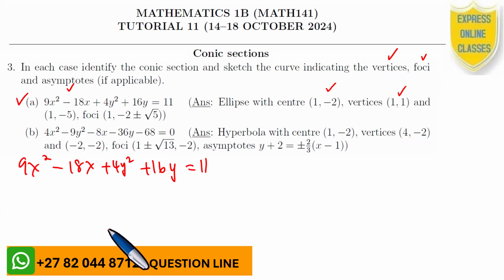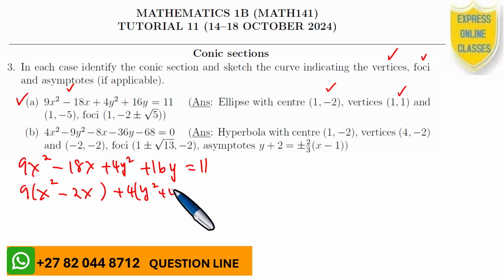So at this point, you can factor out 9 out of the x terms, getting x squared minus 2x. And then you can factor out a 4 out of the y terms, getting y squared plus 4y.